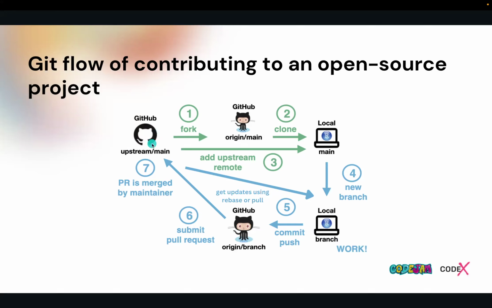Because that is an open source project, same as you. Other people will be taking clones of that project and making changes, going through this life cycle and making pull requests, and they may or may not be merged into this central repository. In that sense, you have to get updates from that central repository to a local branch.